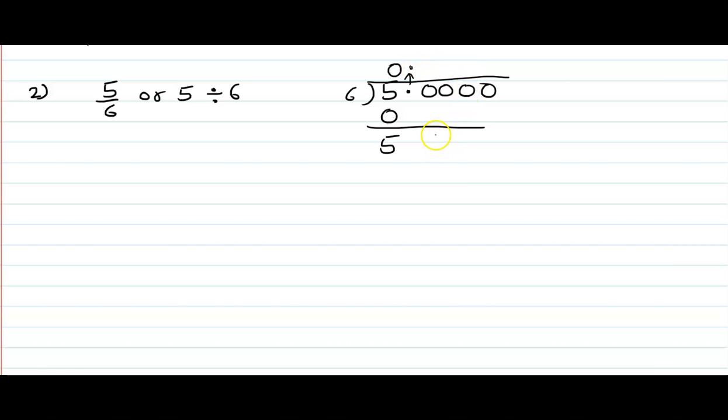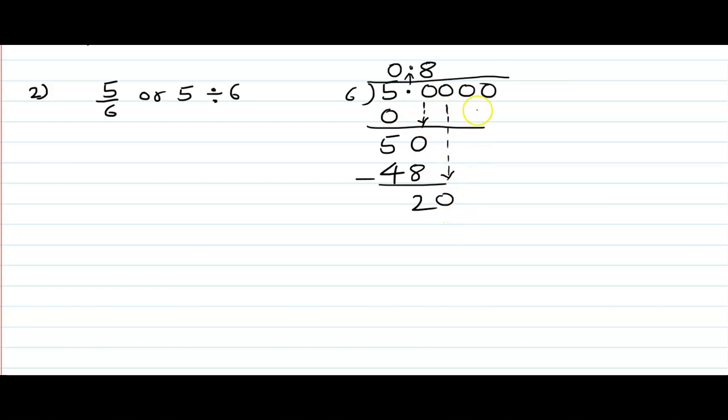Now this 0 is coming down. How many 6s are going in 50? 6 times 8 is 48, and 6 times 9 is 54. So 6 times 8 is 48. Now 50 take away 48 is 2. Then another 0 is coming down, 20.